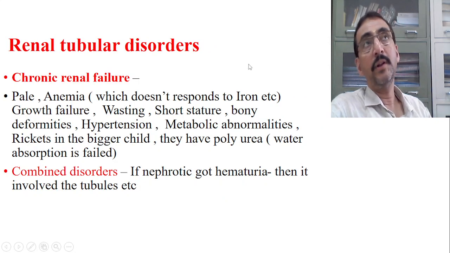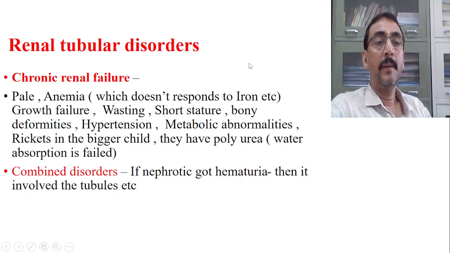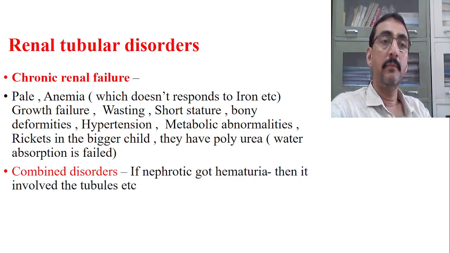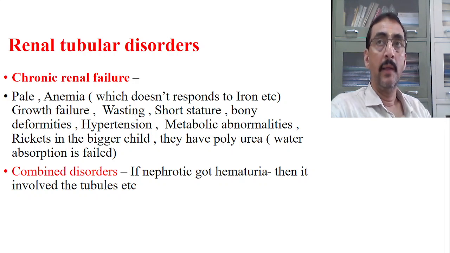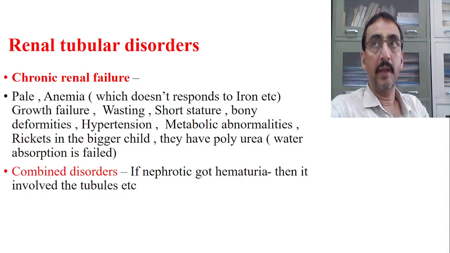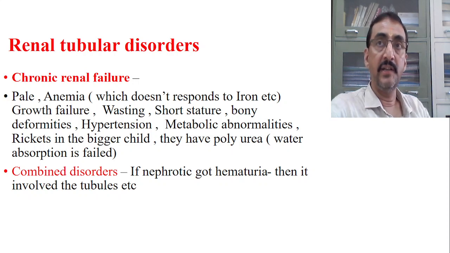Usually renal tubular disorders occur in chronic renal failure. Suppose the child has chronic renal failure; there may be involvement of the renal tubular area, and the child will look very pale or anemic.